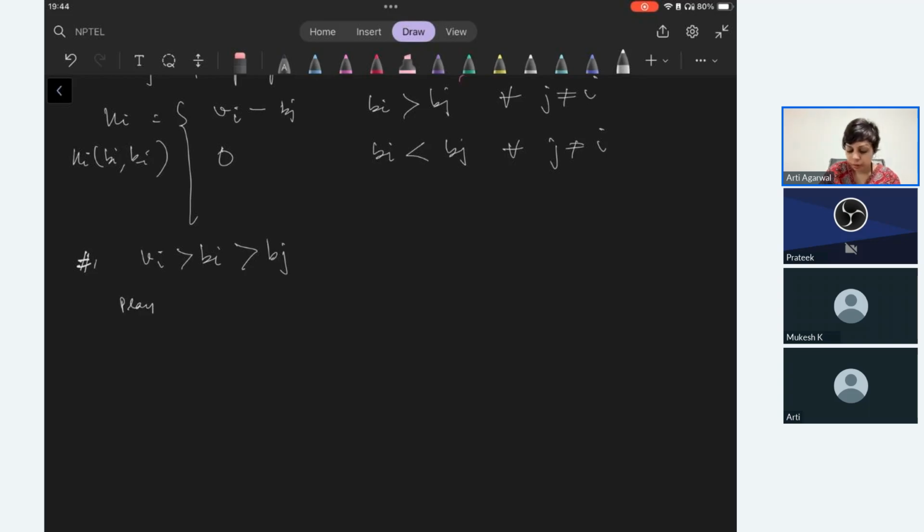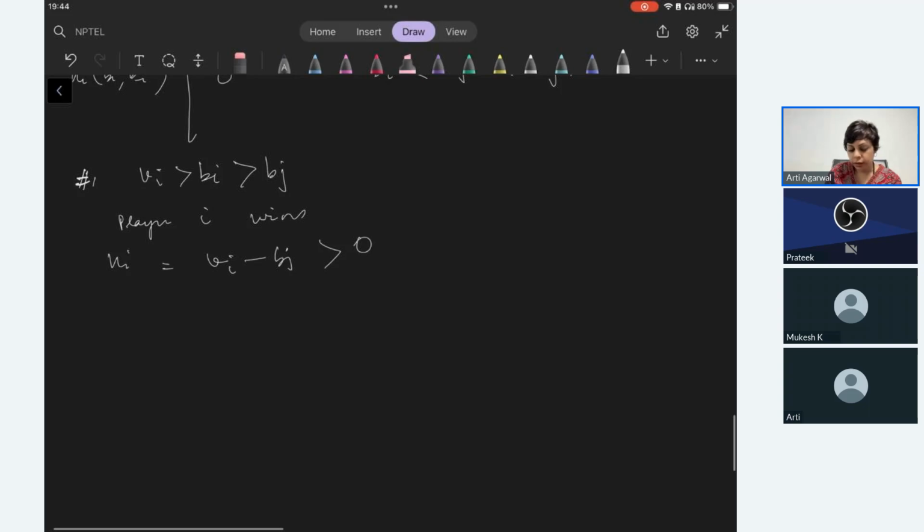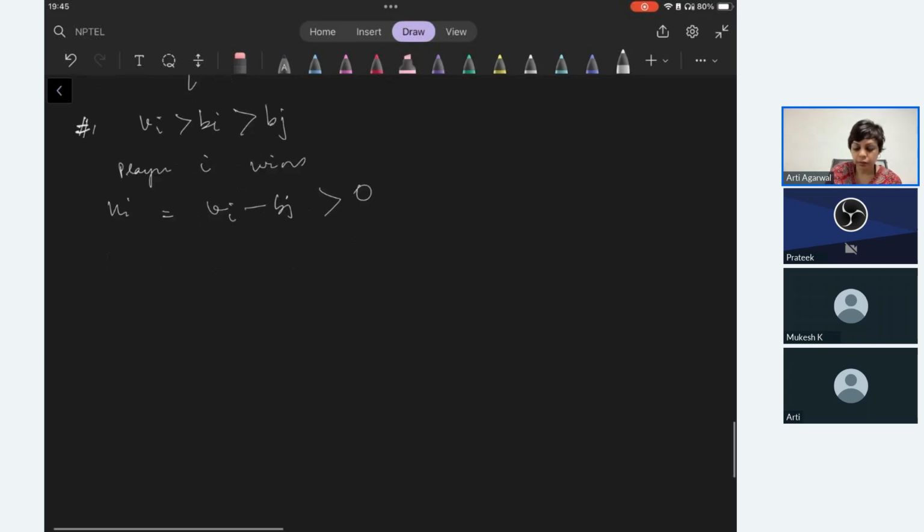His payoff, or his utility, is vi minus bj, which is greater than 0, because vi is greater than bi, which is greater than bj. So he's getting a positive payoff, and in this case bi is less than vi. Let's leave this as is for the moment. If we need to, we will come back to it.